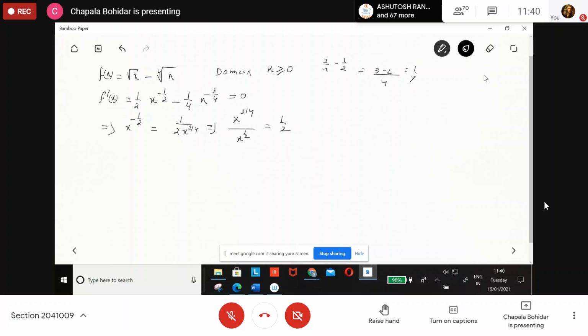So I get x to the power 1 by 4 is equal to half. Clear? All of it clear, this line? Yes, ma'am.